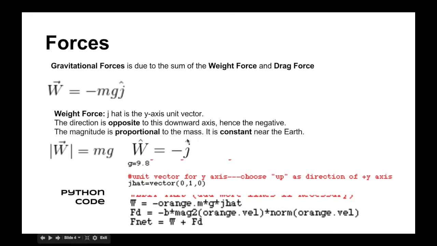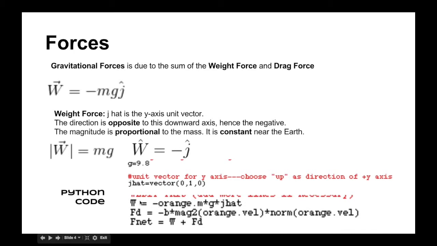Its direction is opposite to the downward axis, so that our downward axis here, the y-axis, is the j unit vector, and it's opposite to it, so we use a negative sign. And then the magnitude is proportional to the mass, and its constant is near the Earth. So g is 9.8, our Earth's gravitational field, and the mass is just the mass that we had indicated earlier, 0.07. So in code, this is what it looks like.